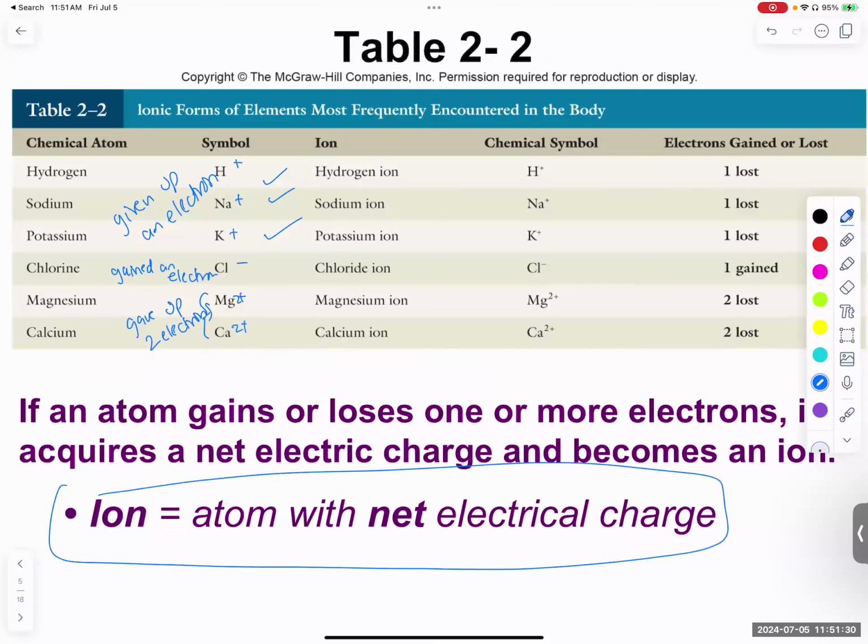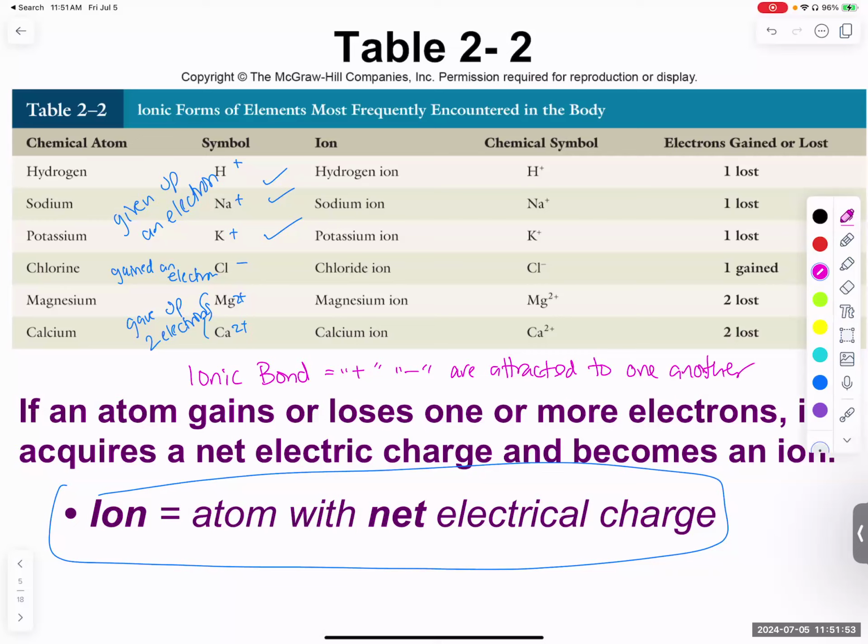And I should mention one other thing. When there are ions, there's something called an ionic bond. And that is because cations and anions are attracted to one another.